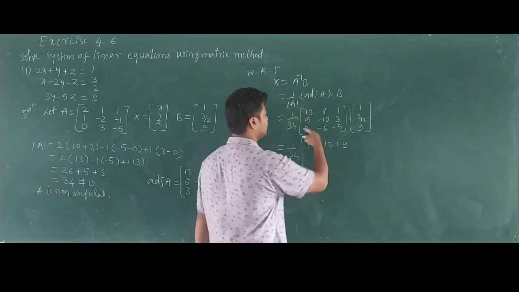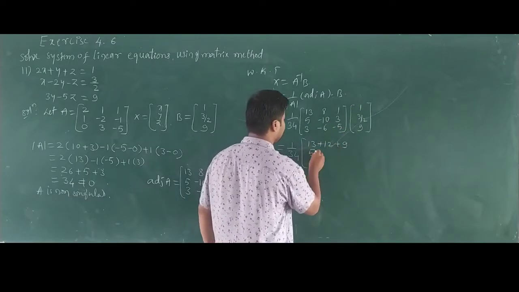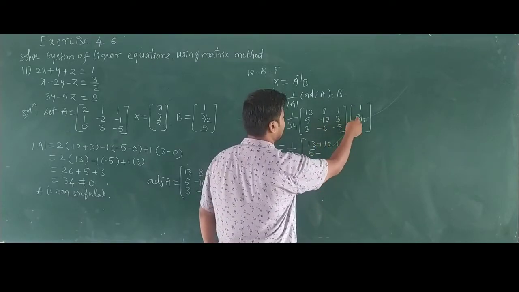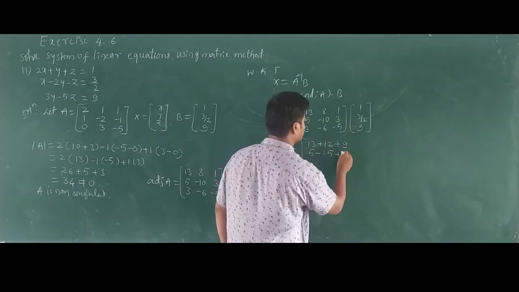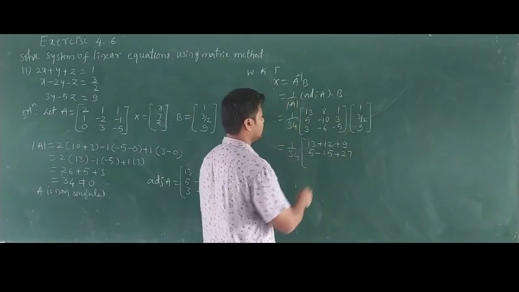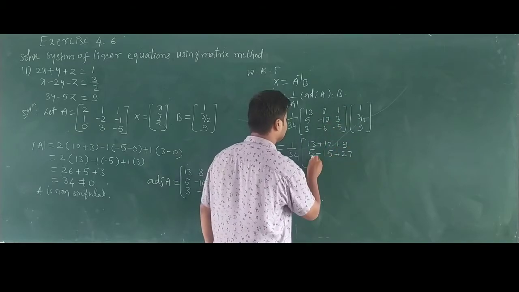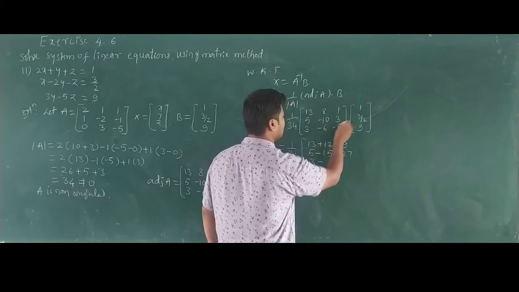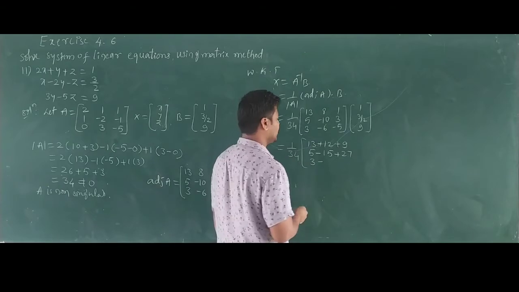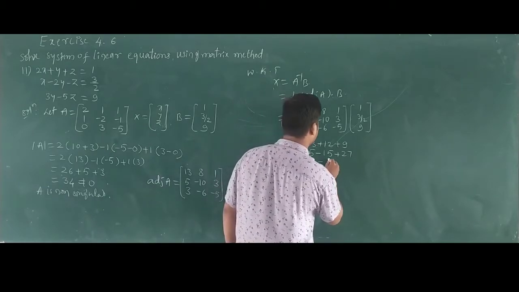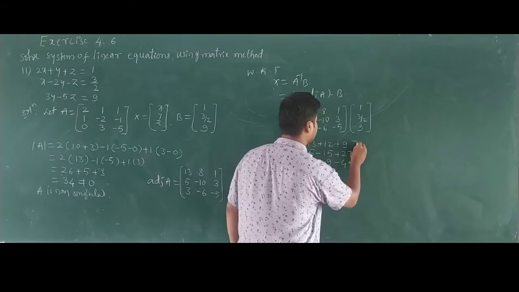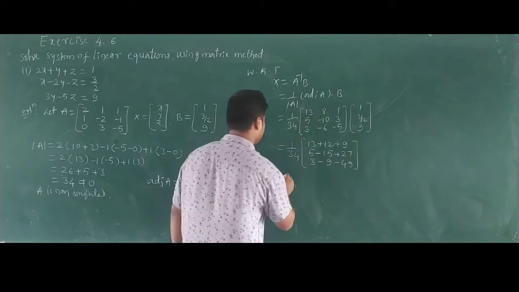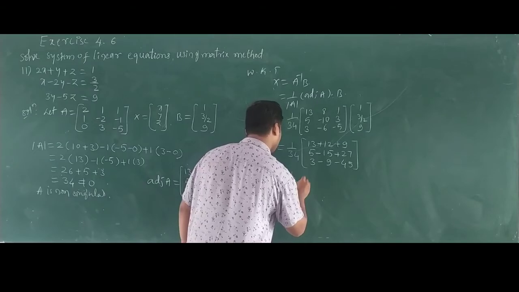Next 5 minus 10 into 3, 30 by 2, minus 15 plus 27. Next 3 minus 6 into 3, 18 by 2, 9, minus 45.